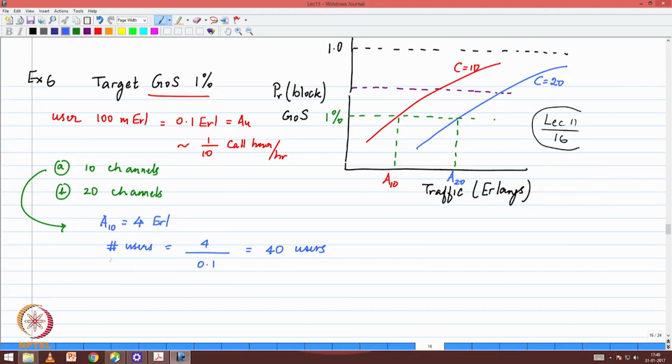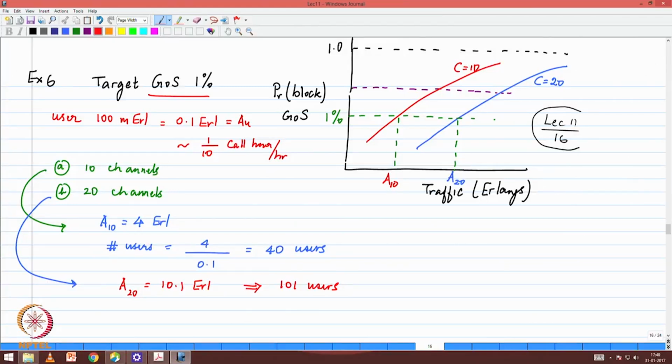Now I double the number of channels, and from the graph, with no calculations, A20 is 10.1 Erlangs. This implies I can support 101 users. So doubling the number of channels more than doubles the number of users I can support. This is another way of visualizing the trunking efficiency of the system.